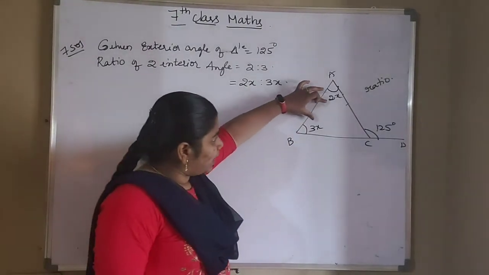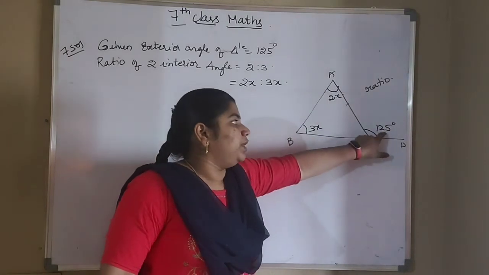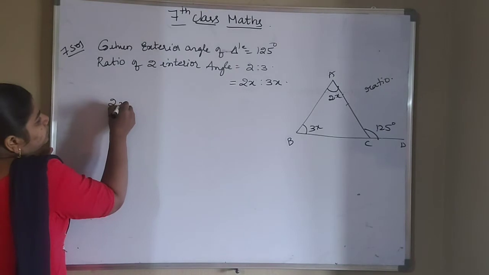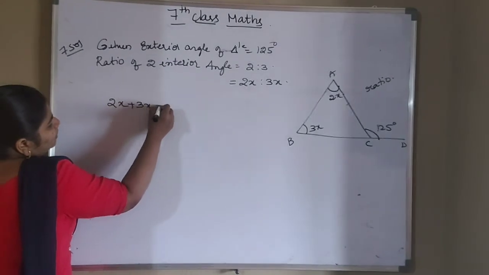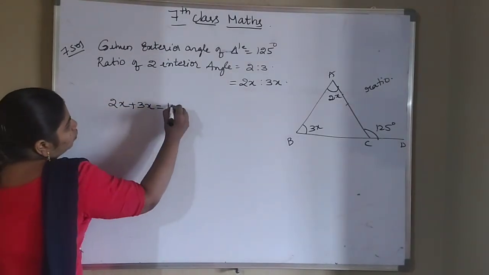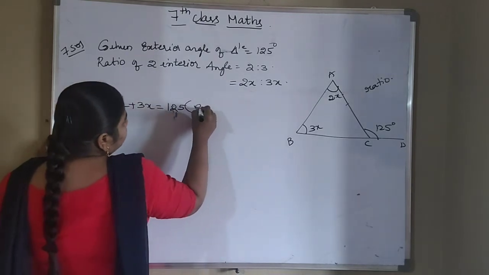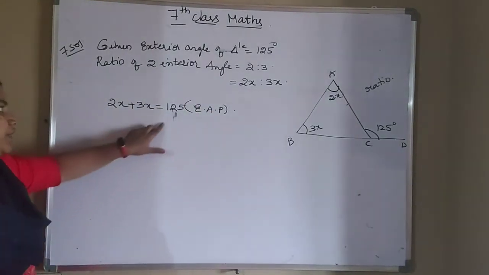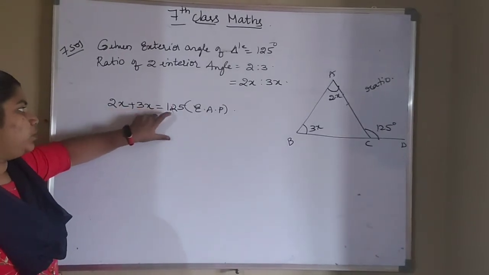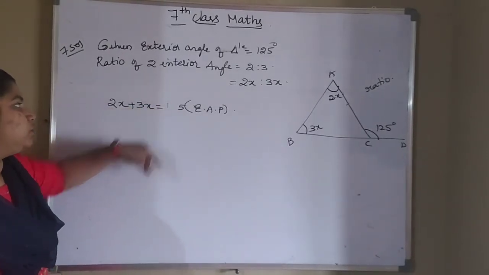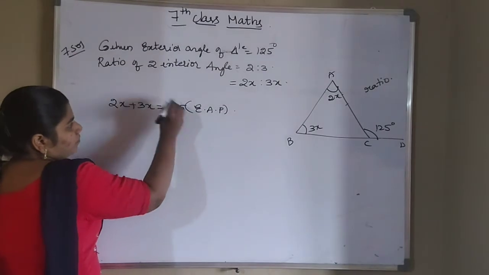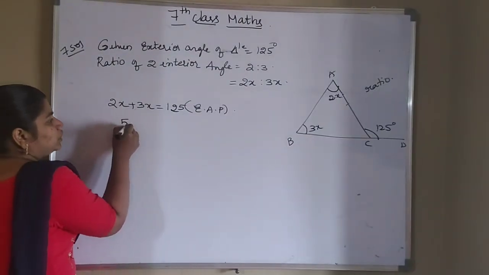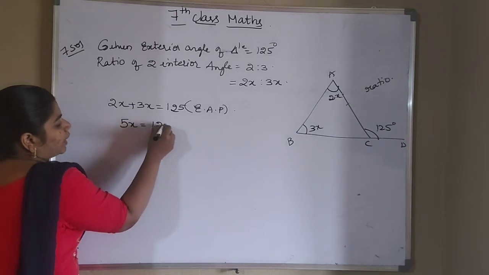So if you add these two, the result should be equal to 125. So what can we write here? 2x plus 3x will be equal to 125, by using the exterior angle property. Okay, so now 2x plus 3x is how much? 5x is equal to 125.